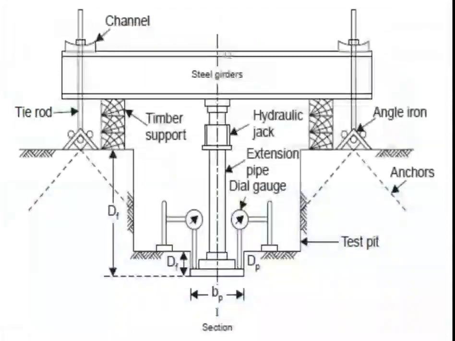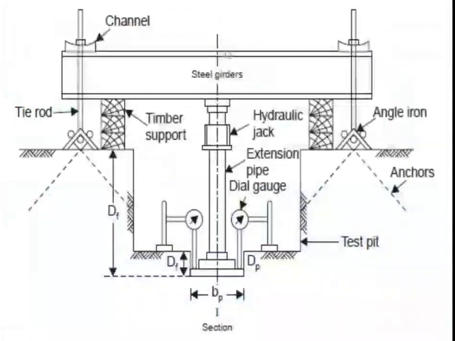There you can see the image of the plate load test. First you have to create the test pit. The size of the test pit is equal to 5 times the width. Then the plate is placed at the depth of the foundation. Then load is applied; the load may be gravity loading or truss loading.